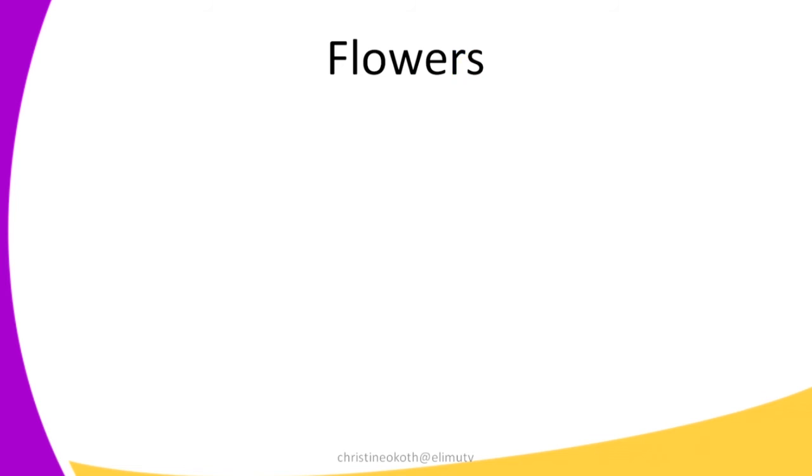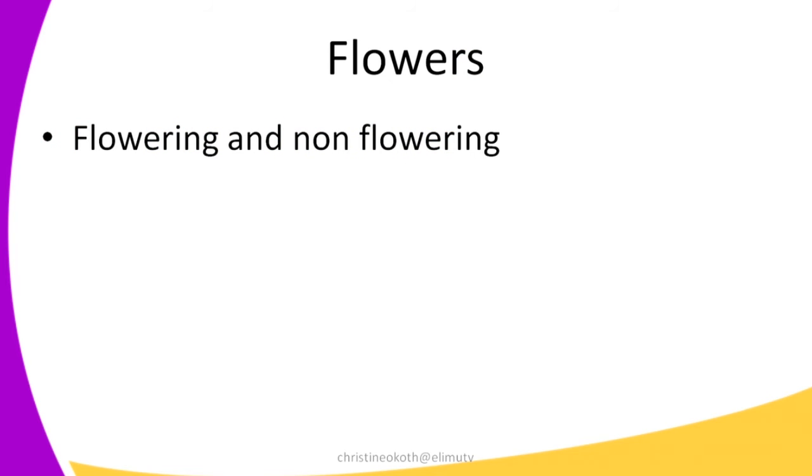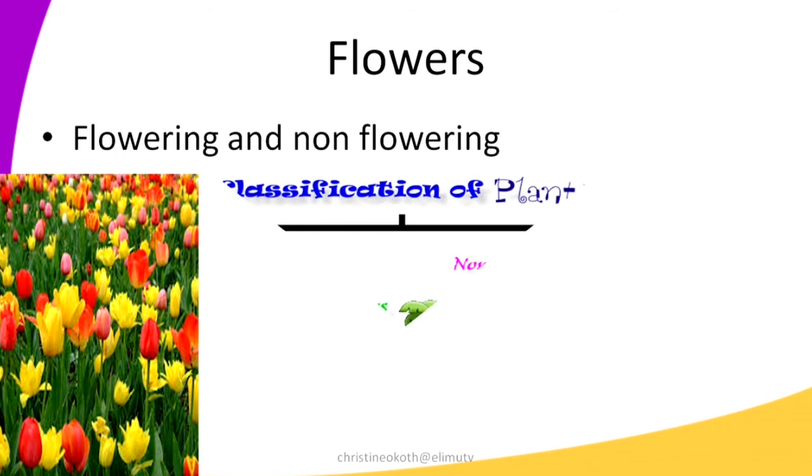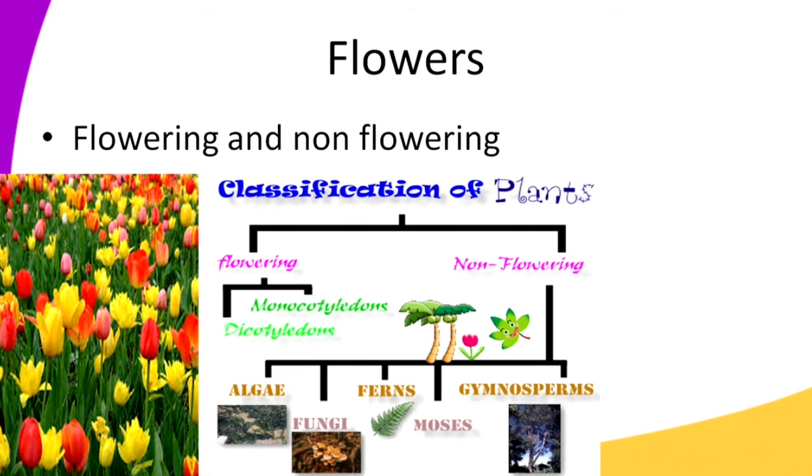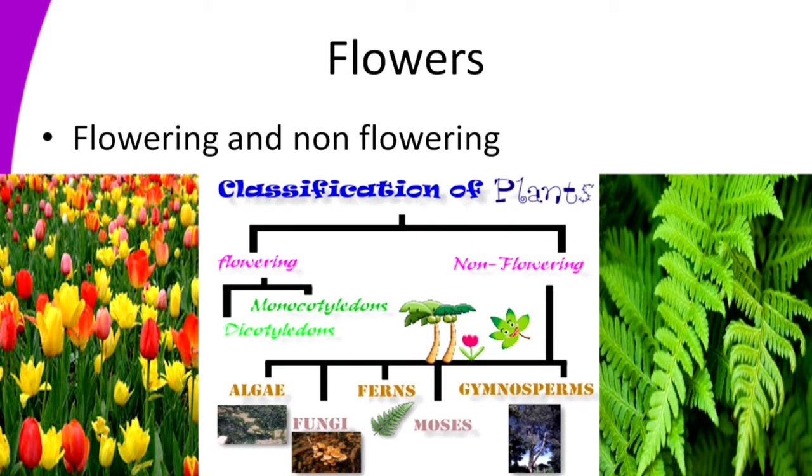We move to flowers. They are still part of the external features of the plants. We have two types of plants. One are flowering plants and the others are non-flowering plants. The flowering plants are, for example, the monocotyledons and the dicotyledons.